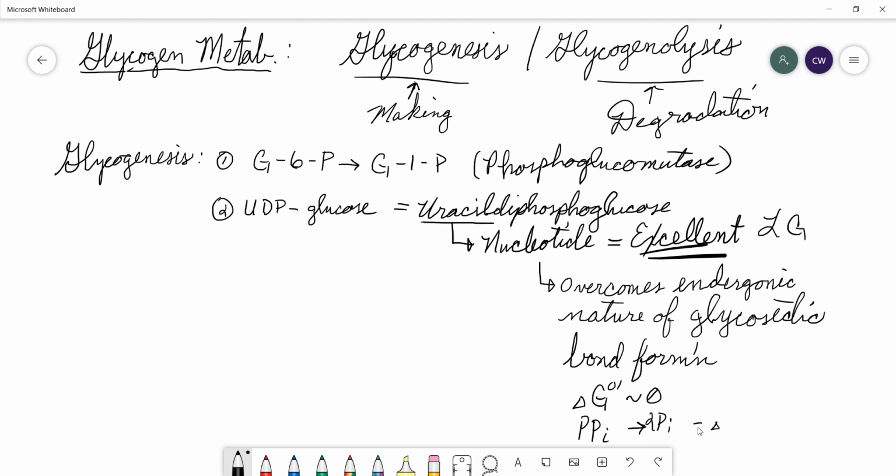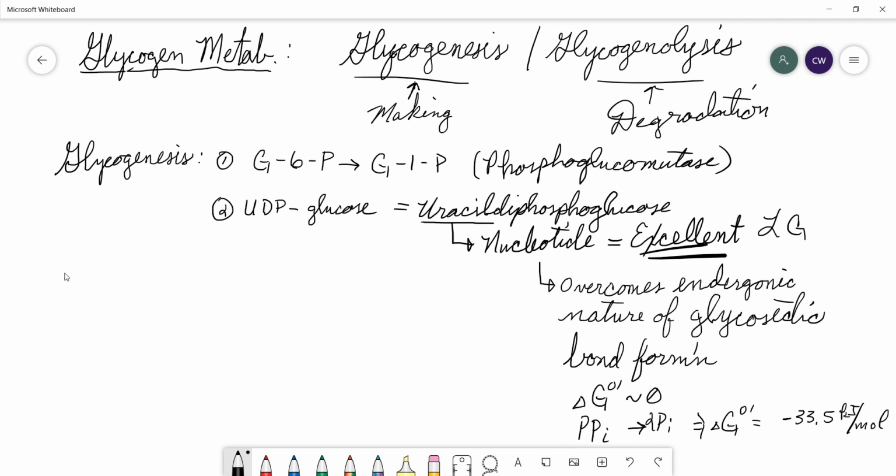And that reaction, you'll recall, has a delta G value equal to negative 33.5 kilojoules per mole. So it is the breakdown of uracil diphosphate, which we have bound to the glucose molecule, that allows us to form the glycogen molecule.